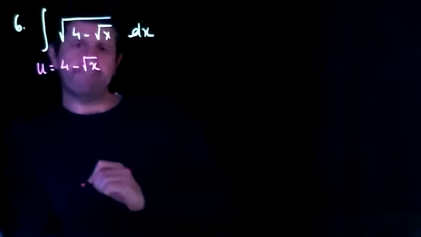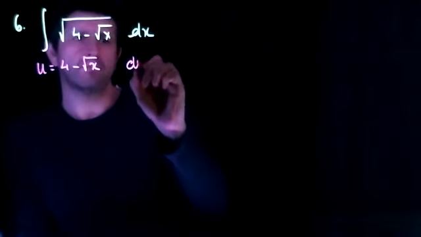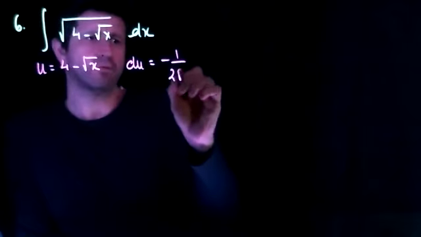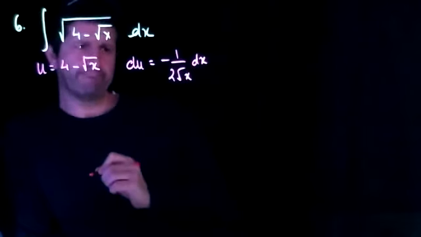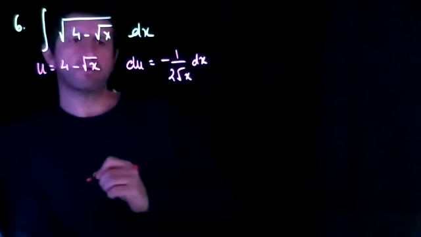Let's say u is equal to 4 minus square root of x. And so du, the derivative here, is negative 1 over 2 root x dx. Yeah, that's good.